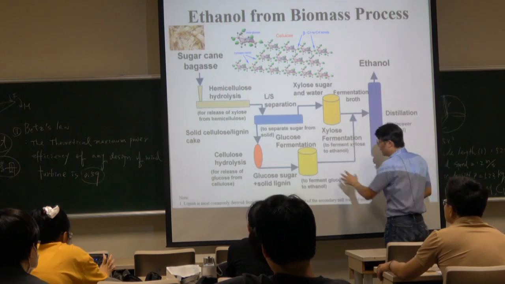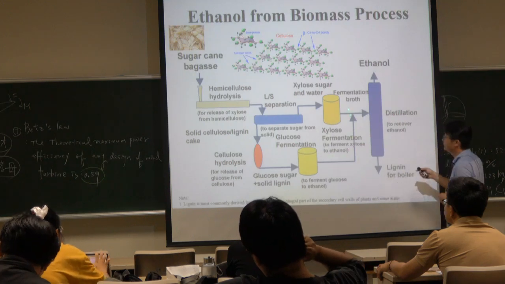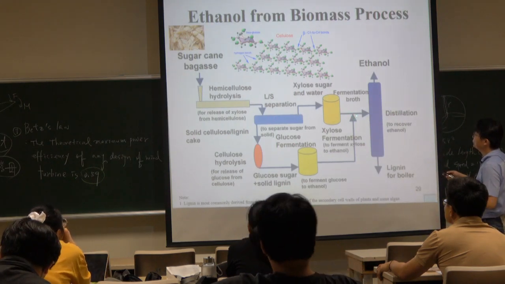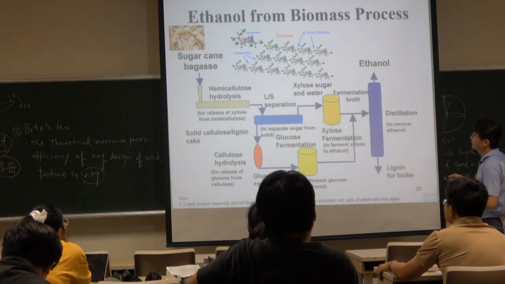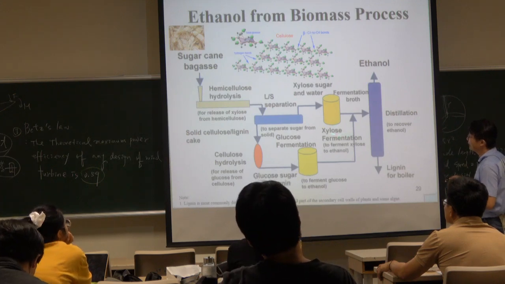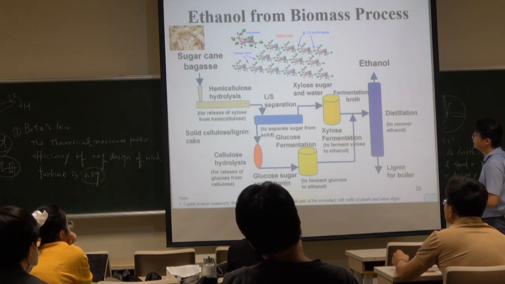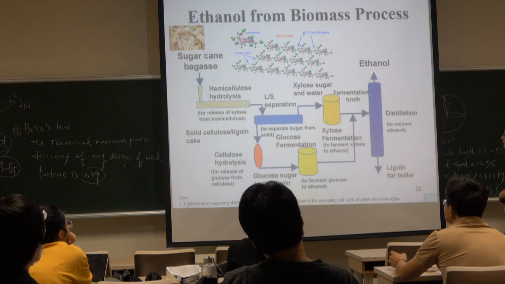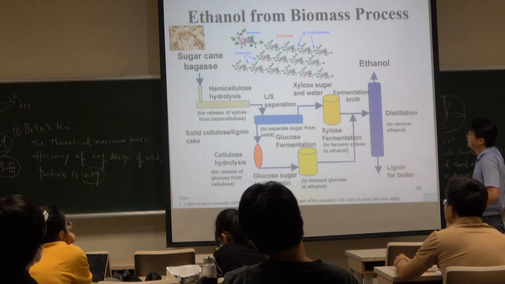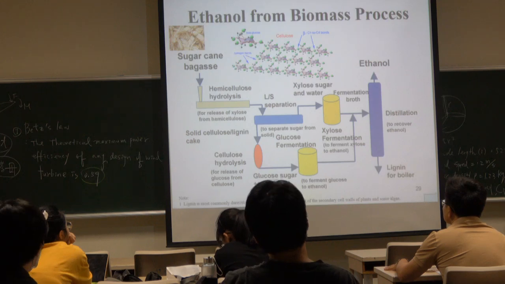And then you can get fermentation brewing. You get the acid, okay? Here is the xylose fermentation process. So you can ferment it, okay? The acid, okay?